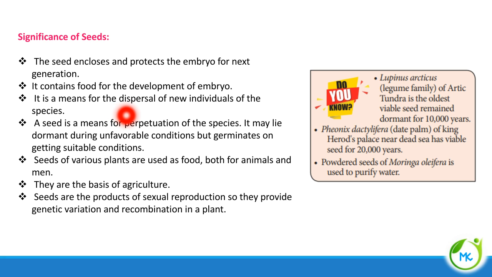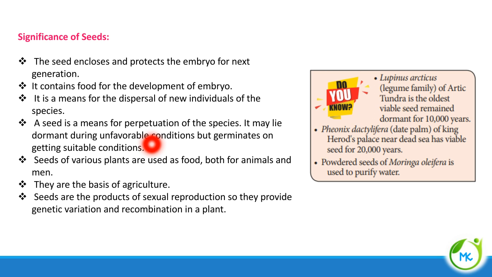For the production of new individuals, it is going to be produced from the seeds. So seeds act as a means for dispersal, and seed is a means for perpetuation of the species, that is for the continuation of the species. The seed may lie dormant during unfavorable conditions.